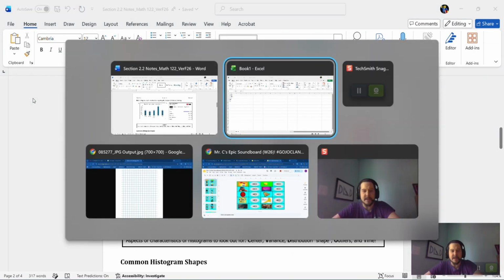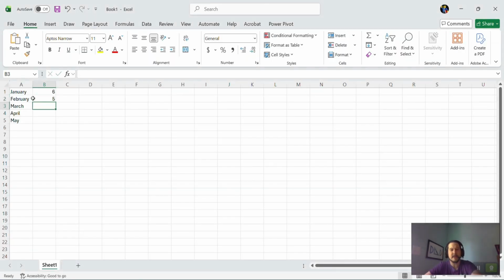And in January it was 6, then 5, then 6, then 11, then 6. So what you can do is enter your data into two columns and then click and drag to select all your data, including the specific months.